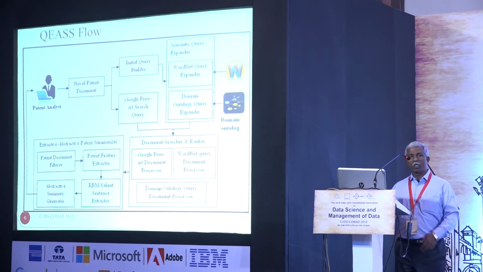We also construct a domain ontology for a particular domain, so it's not generic. After that, we do the document searching and ranking, and from the ranked documents we do patent summarization, extractive summarization. This is the overall system.